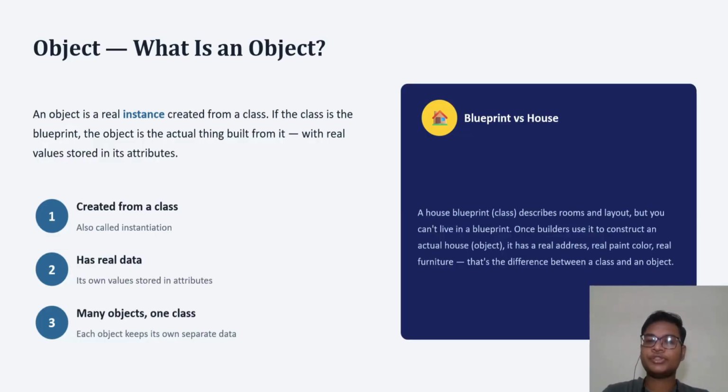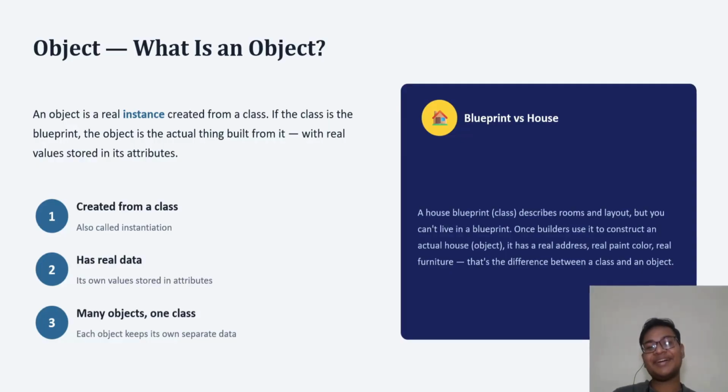So an object is a real instance created from a class. Remember, if the class is the blueprint, the object is the actual thing built from it.